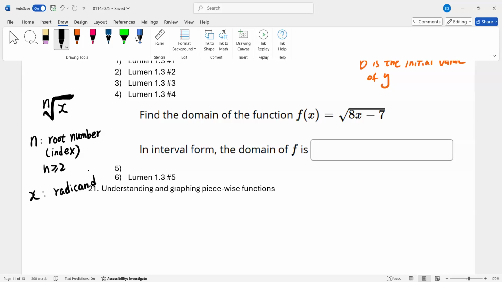Mathematics, algebra, is a language. It helps you to study if you know those terminologies. So x here, whatever is under the radical, it could be more complicated, more than one variable, more of an expression. That part, whatever is under the radical, is the radicand.